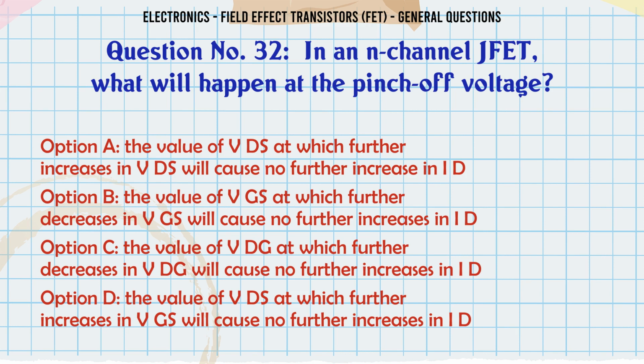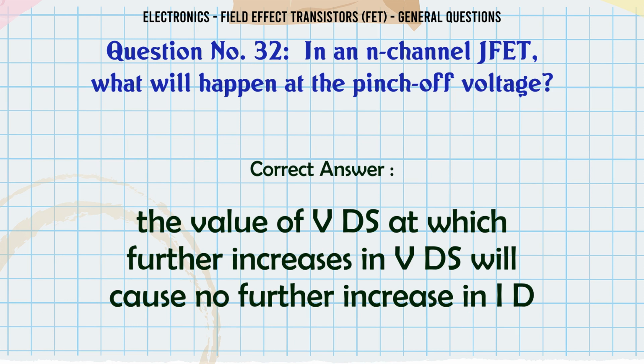C. The value of VDG at which further decreases in VDG will cause no further increases in ID. D. The value of VDS at which further increases in VGS will cause no further increases in ID. The correct answer is the value of VDS at which further increases in VDS will cause no further increase in ID.